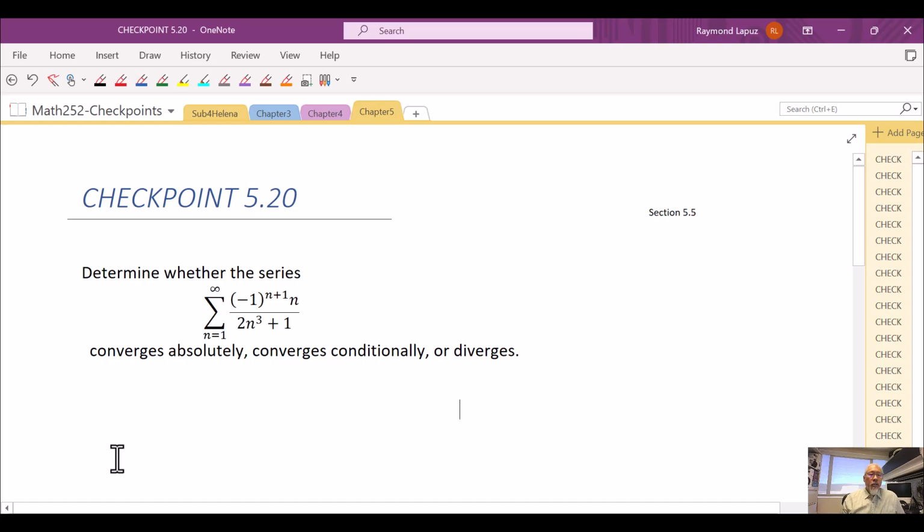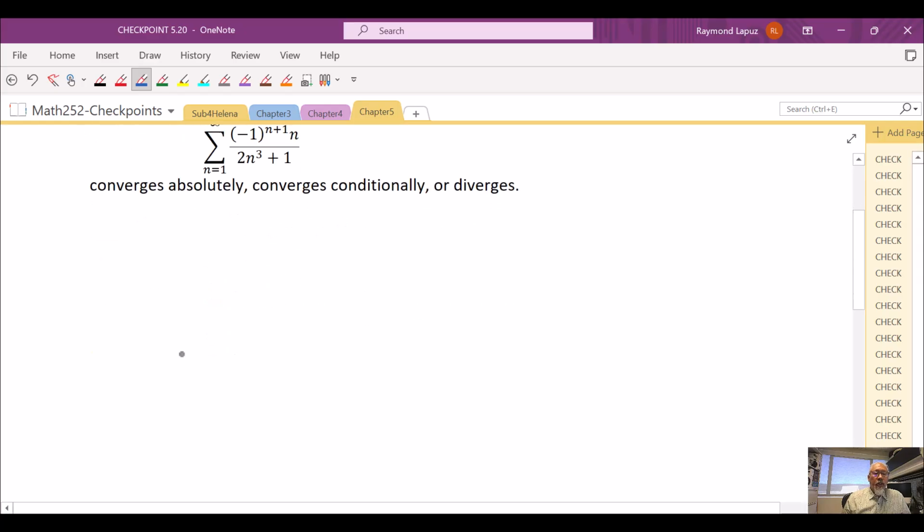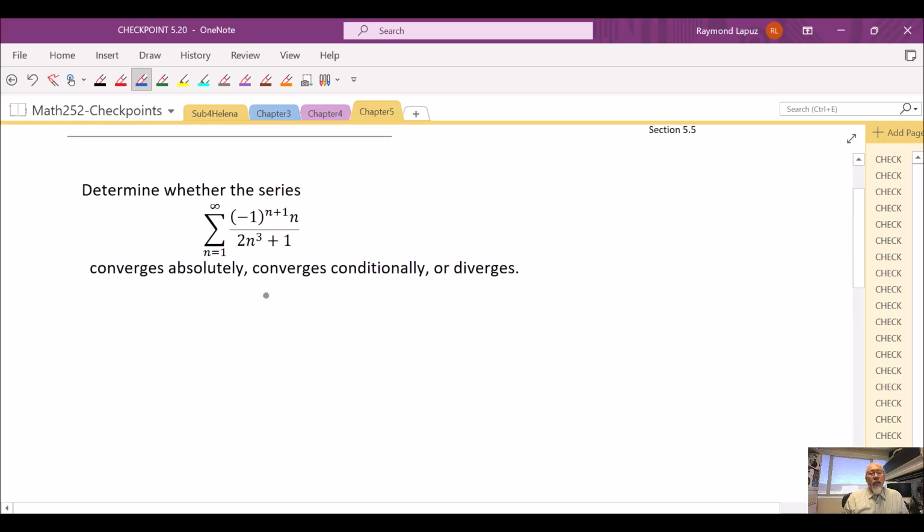All right, so we will check for absolute convergence, and if it converges, we'll be done. If not, we'll check for conditional convergence. We take the absolute value of this whole thing, which essentially gets rid of the negative 1 to the n plus 1.